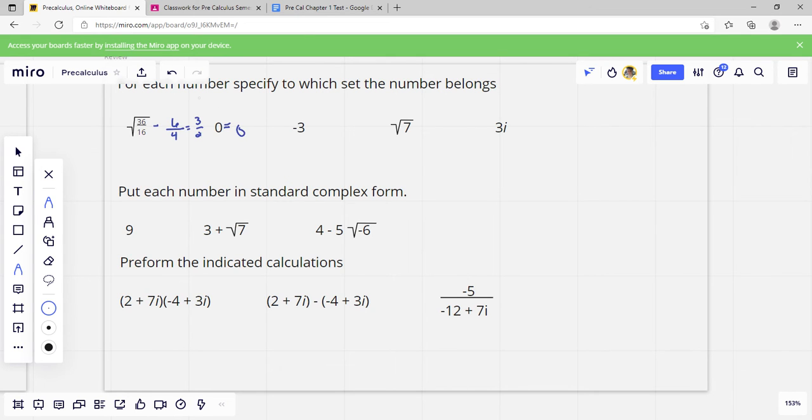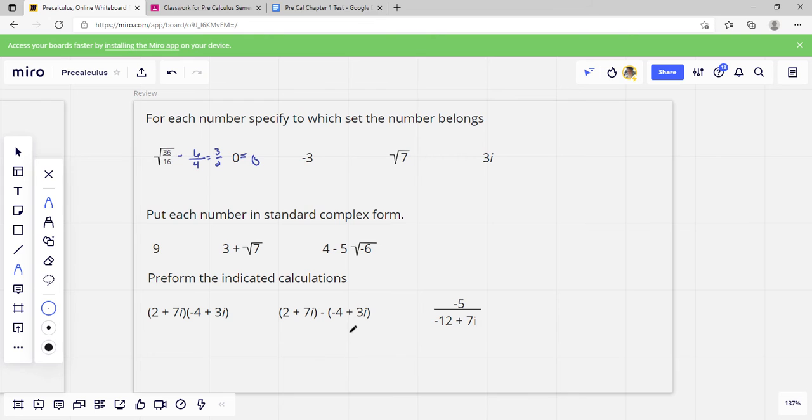So this says for each number specify, oh, okay, so I was doing that totally wrong. I'm supposed to write what it belongs to. So for each number, specify which set of numbers it belongs to. All right, so this first one, this can be written as a fraction. So it's not an imaginary number, because we just said that it could be 6 over 4.